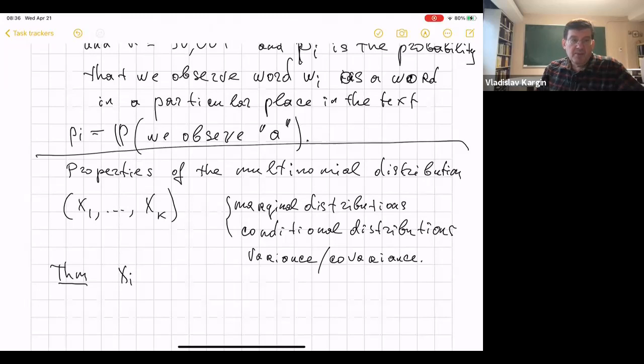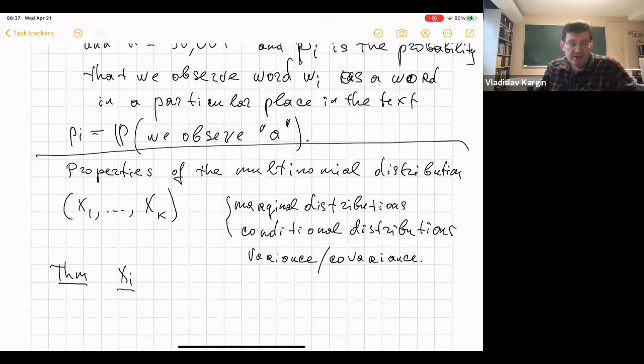If you observe the word i, it's a success. If you observe any other word, it's a failure. So xi is just the number of successes, the number of cases when you observed the word i. Observations of all other words are failures, so it's a binomial random variable.